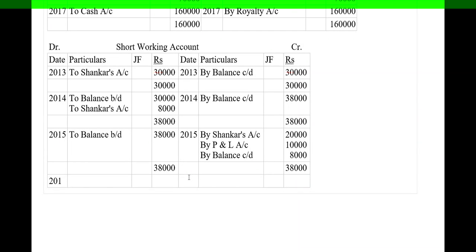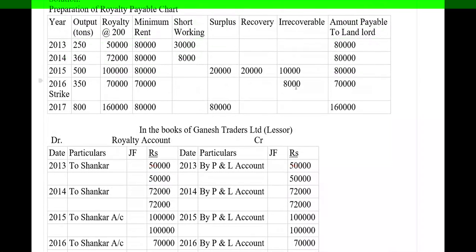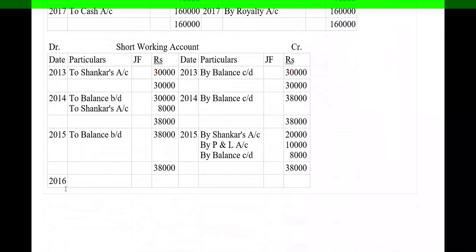So in the year 2016. Now let us see the chart here, the 2016 royalty payable chart. There is no short working and no surplus, but however there is a recovery of short working of rupees 8,000. So let us write down here to balance brought down, that is rupees 8,000.